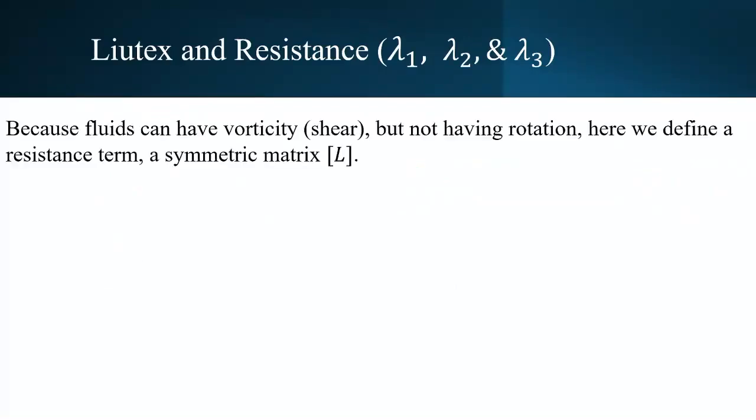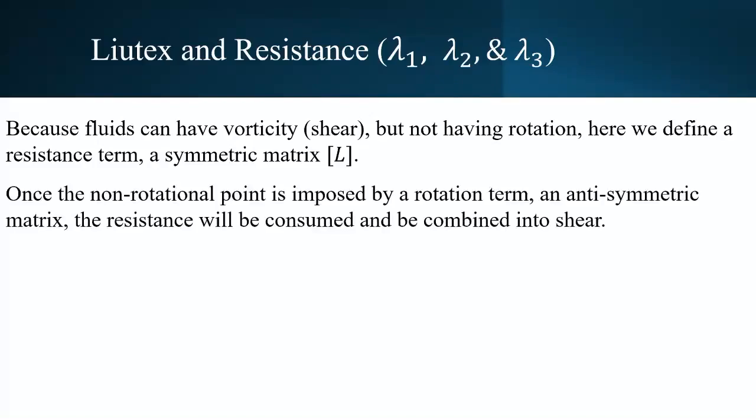The reason why we define this resistance is because fluids can have vorticity or shear, but not have rotation. So we define this symmetric matrix to represent this resistance term.